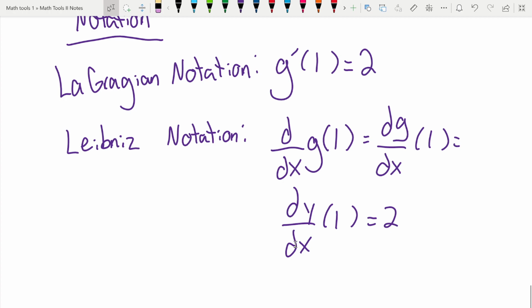Dy over dx, what this means is that this is like looking at a very small change in y over a very small change in x. And what I mean by very small change is an infinitesimal change. Okay. So these are what's called infinitesimals.